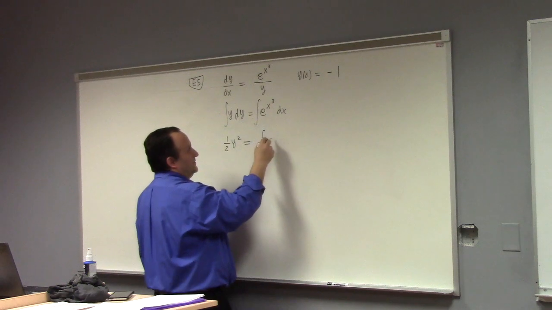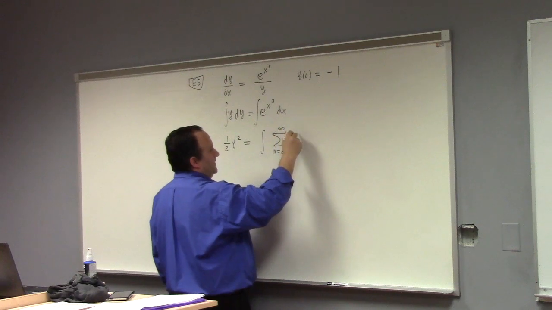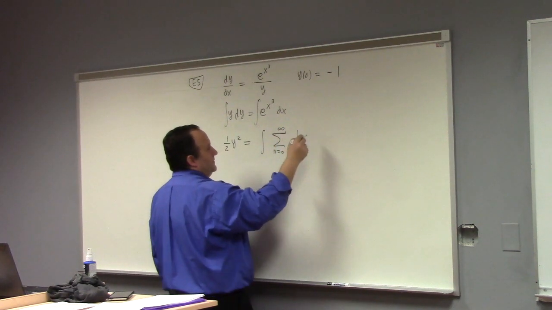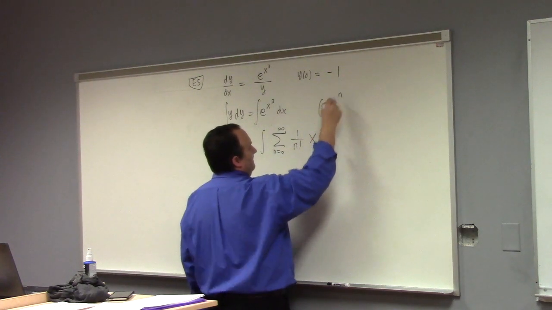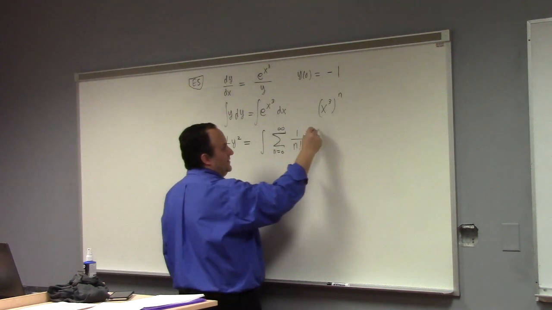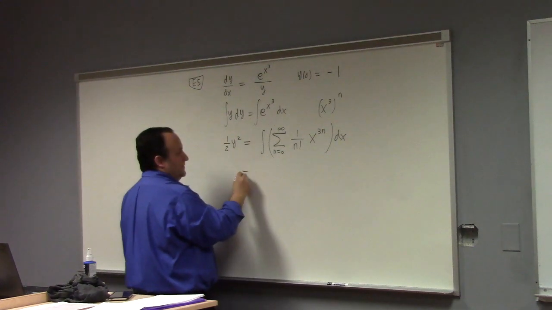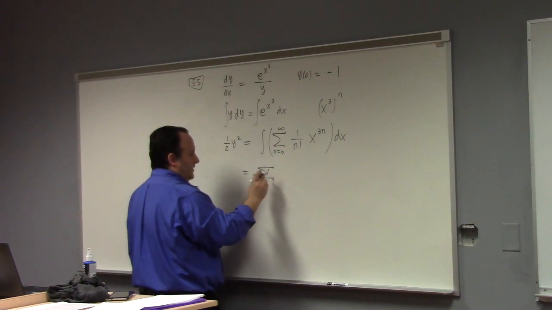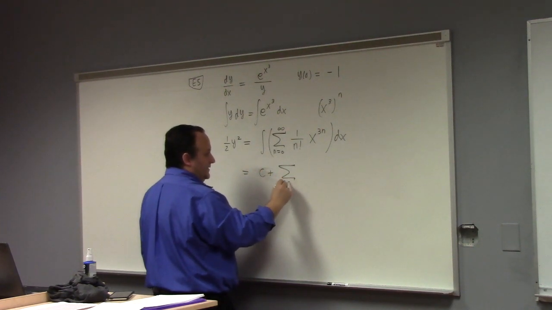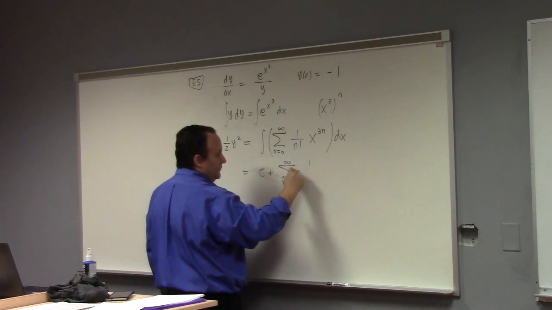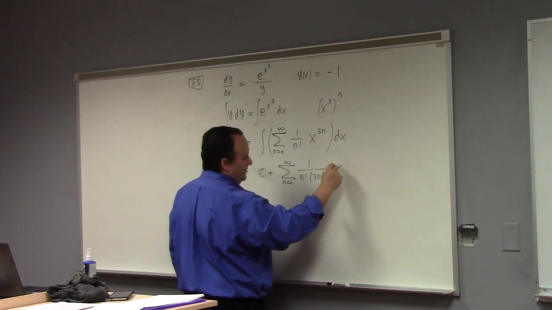And so we're going to have equals the integral of the sum, n equals 0 to infinity of 1 over n factorial, x to the what? We have x cubed to the n, so we don't do x to the n, we do x to the 3n for this one, dx. But you can do that. So we add a constant, don't we? So constant plus the sum, n equals 0 to infinity, 1 over n factorial times, in my case, 3n plus 1, x to the power 3n plus 1.